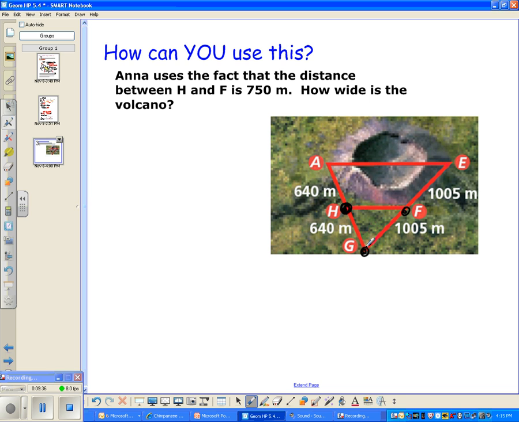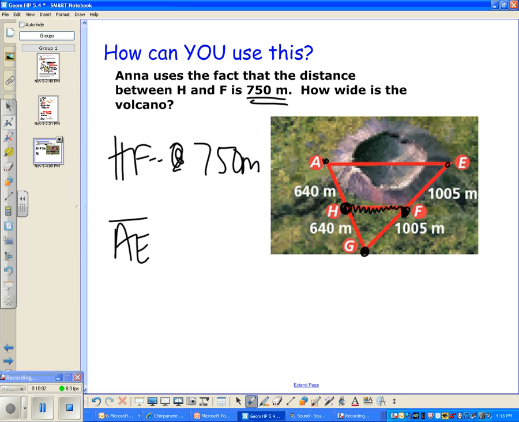Then I'm going to go back to G and measure safely in the forest 1,005 meters, make a midpoint marking, and then measure again another 1,005 meters. And there's that point of the triangle. And I know that HF is going to be 750 meters. How can I figure out how wide the volcano is?